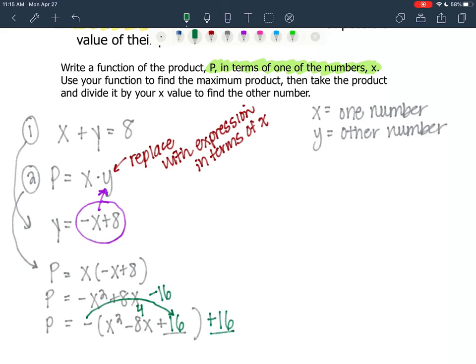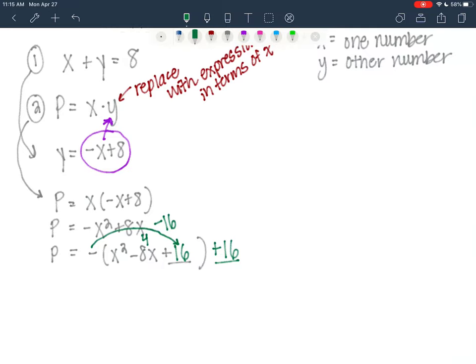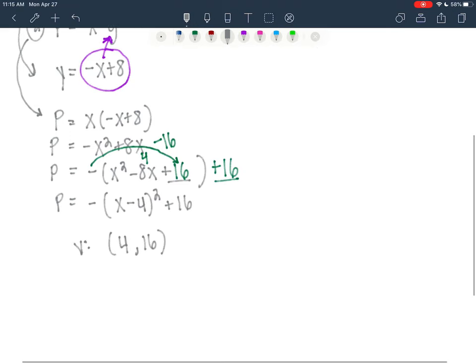So we are going to undo that by adding 16 to the same side. We're going to rewrite this as a binomial squared. The opposite of x minus 4 quantity squared plus 16 gives us an input of 4 and an output of 16. Remember that we had x as an input and p as an output.